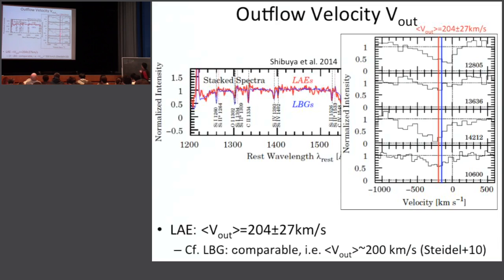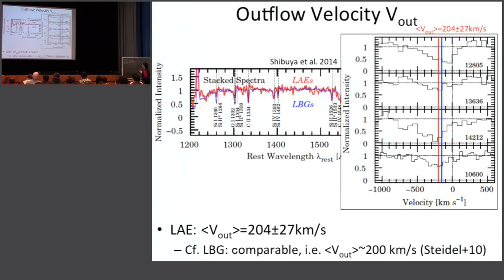These are magnified low ionization metal absorption lines. And this is the zero velocity, the systemic velocity of the Lyman-alpha emitters determined with the H-alpha lines. As you can see, the low ionization metal lines are blue shifted, typically by 200 kilometers per second.